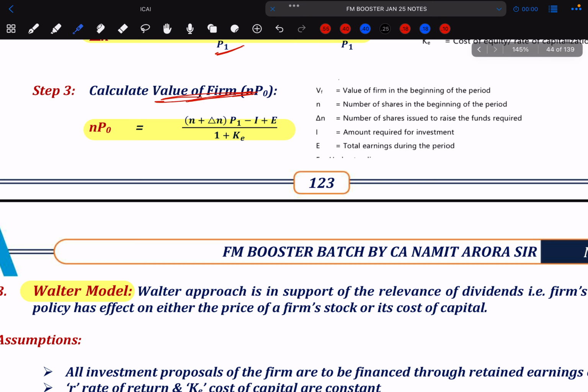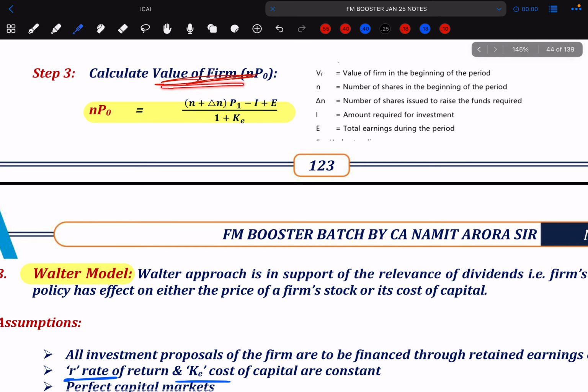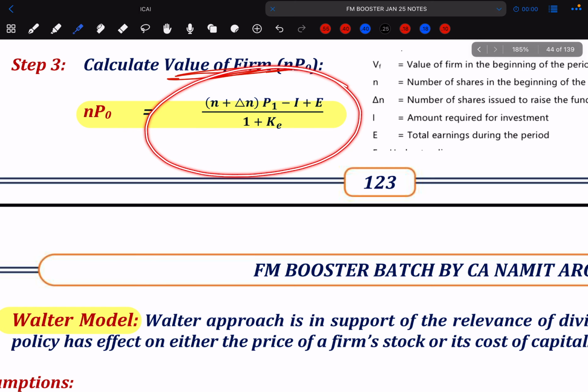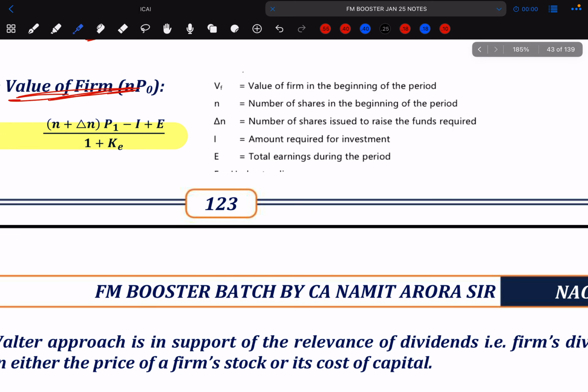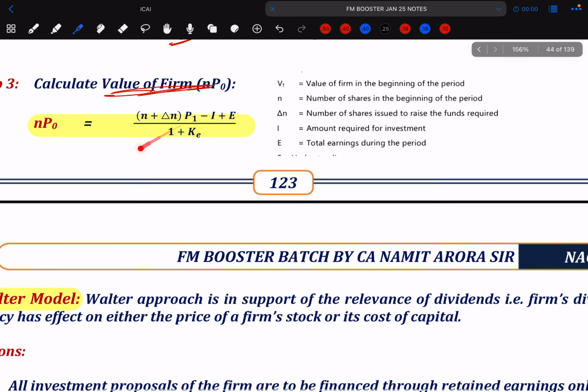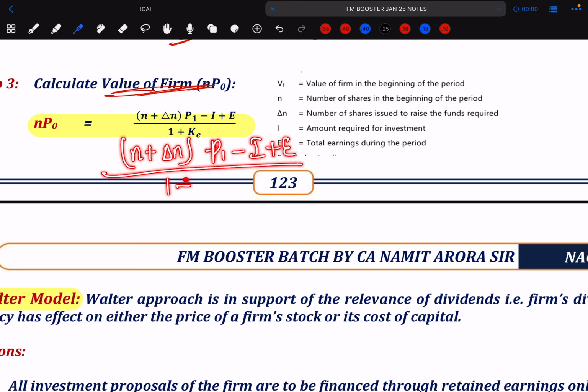Okay, why do I hear some sound? Okay, not mine. Value of the firm. This is a big formula, try to understand. Simple, that is n plus change in n, times P1 minus I plus E, divided by 1 plus K. So 1 plus K we do because K is always like 0.2 or 20%, so 1.2.